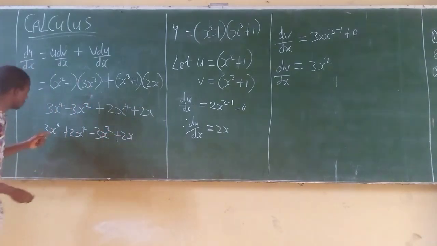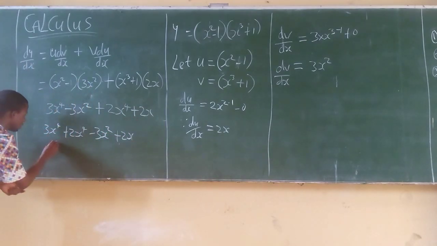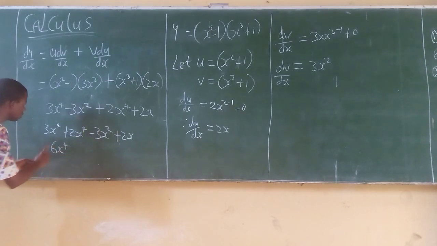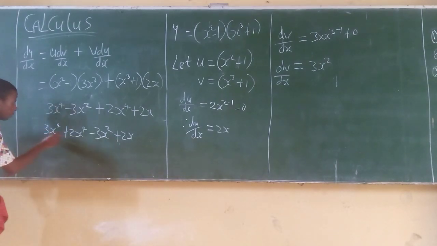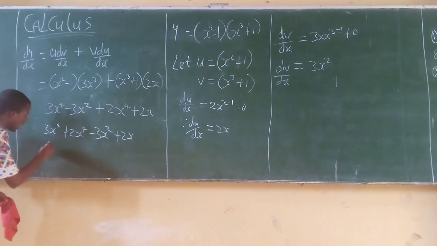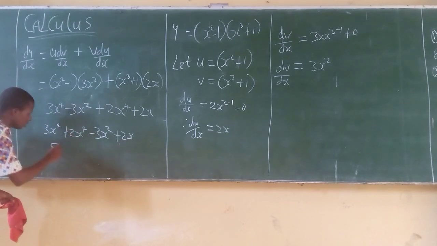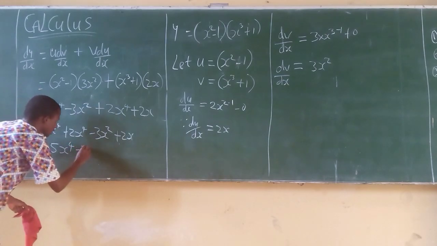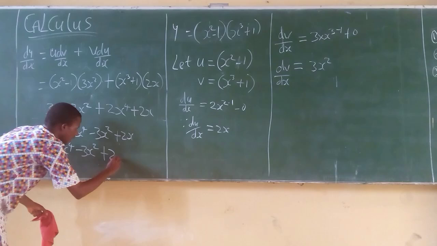Don't forget this. 3x to the power of 4 plus 2x to the power of 4 is going to give us what? 6 to the power of 4. Sorry, it's not 6, rather it's 5. Sorry for that, just a brief mistake. 3 plus 2 is 5. Then in the same power, which is x to the power of 4, right? Then minus 3x squared, plus 2x.